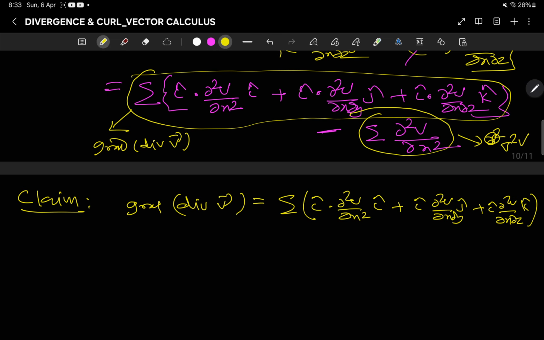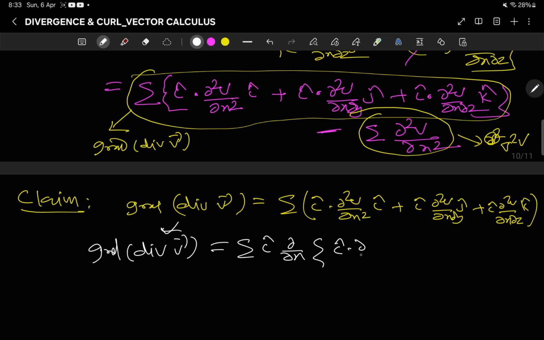To justify our claim, we have div of grad of div V. So grad is summation of I del by del x, and your div V is I cap dot del V by del x plus j cap dot del V by del y plus k cap dot del V by del z.